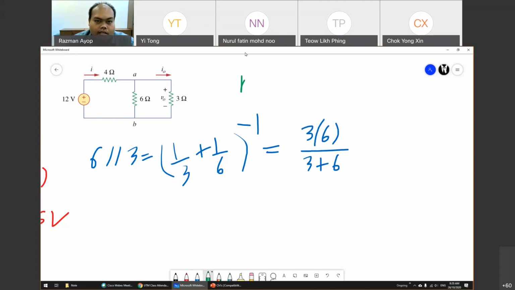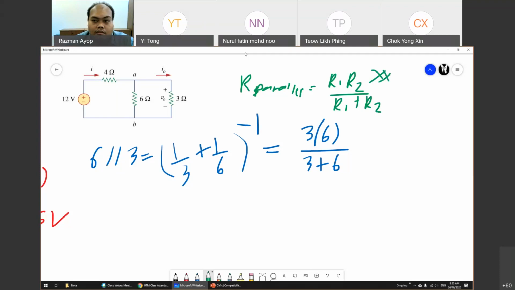R series parallel equals R1 R2 over R1 plus R2. This is only true if the parallel is only 2. If the parallel is more than 2, you cannot use this formula.